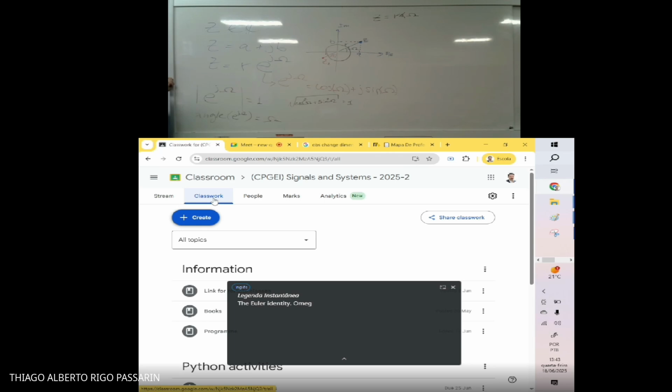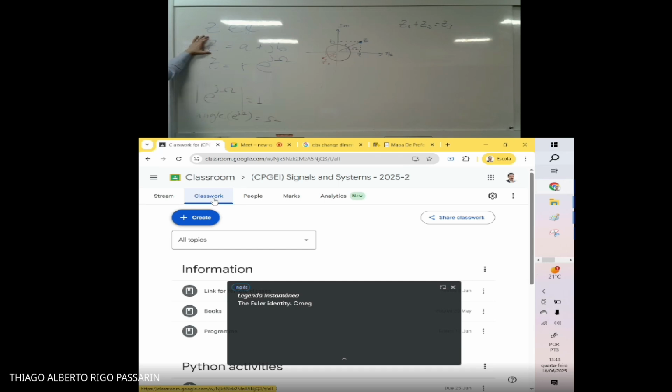Okay, now for operations with complex numbers. If I have, for instance, Z1 plus Z2 equals Z3. If I give you Z1 and Z2, what is the easiest way to proceed for the summation of them?